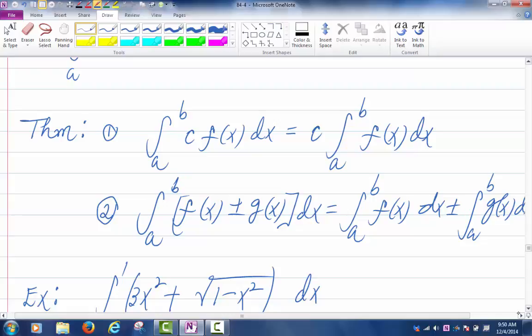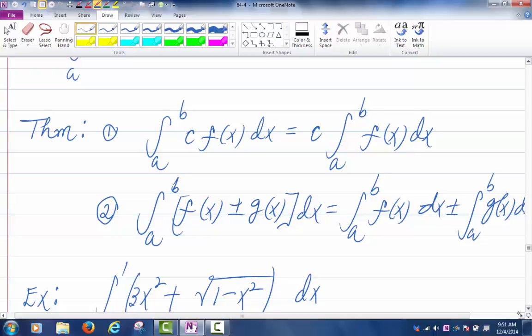That's another way of saying it. So the integral of f of x plus g of x is the same as the integral of f plus the integral of g. So you can integrate f and g separately. And if you remember, we had the same rules for indefinite integrals as well. And also, if you think about it, we also had the same rules for derivatives.